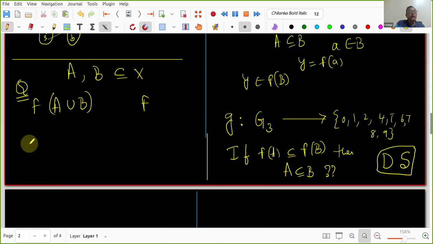That is easy: A intersection B is a subset of A, already a subset of D. That is trivial, that question should not come. Union. Yes, union. Is A union B a subset of D? This is natural, right? A is a subset of D, B is a subset of D, A union B is also a subset of D.